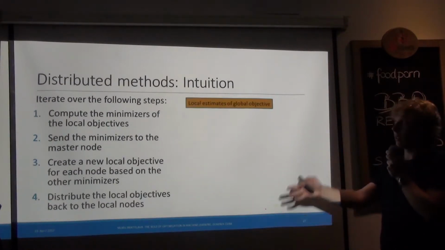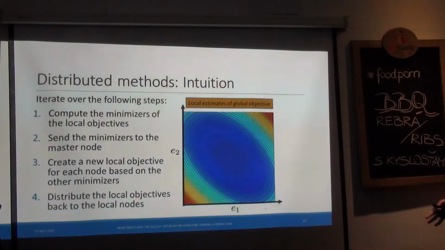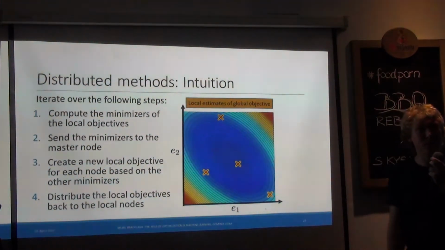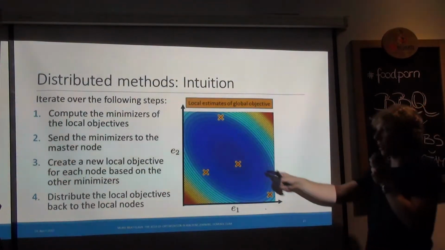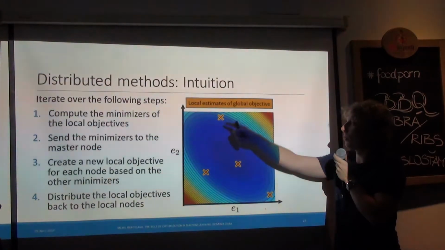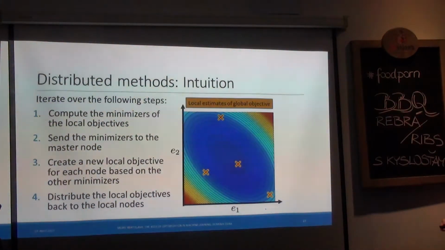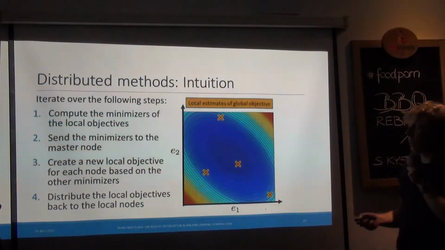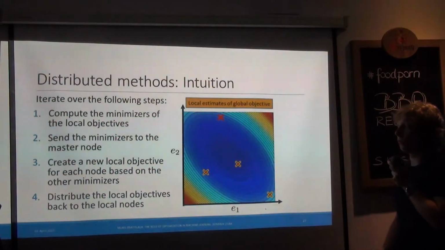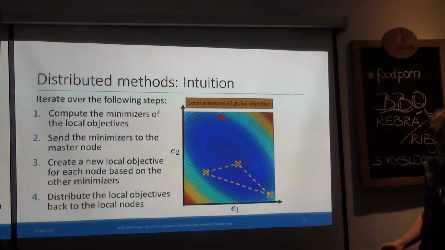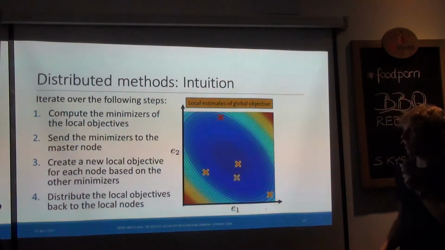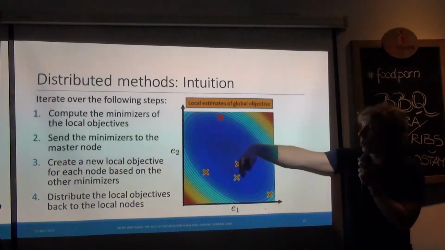This sounds complicated. Let's look at the picture. Let's say that these four are the optimums of our local objectives at the beginning. So Africa, America, I wanted to say US, but that sounds similar, Europe, Asia, I suppose. Now let's pick one of them and try to figure out how to actually update the objective of this one. These three have some sort of mean here, and we would like to move towards this mean.